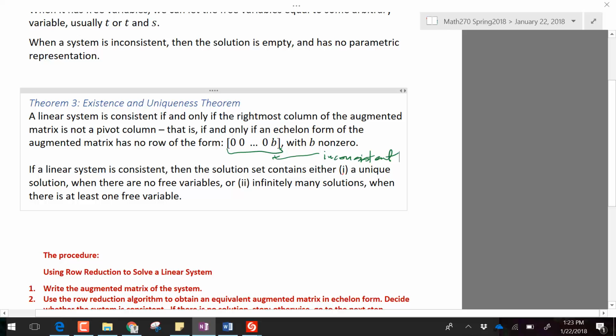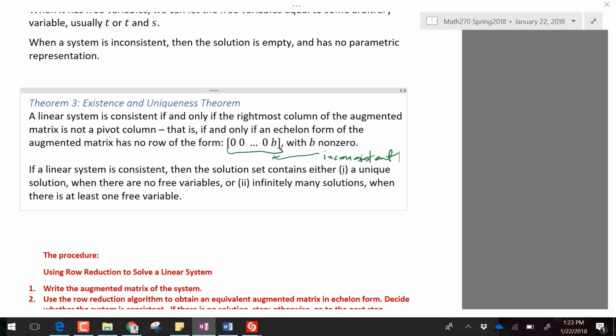Okay? And so what they're saying here is that we can get all that information by reducing your system, your augmented matrix, into row echelon form or reduced row echelon form. And by the time we get to reduced row echelon form, we should know exactly what's happening with our system. Okay? To actually find the solution or solutions, if they are consistent, takes a couple more steps.